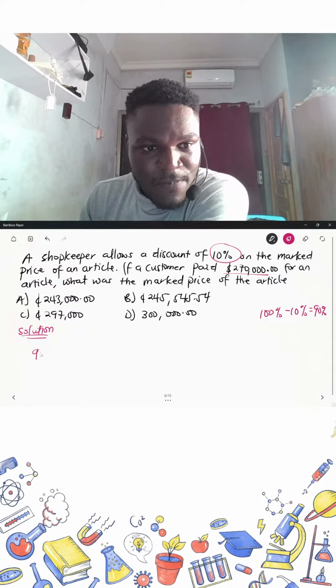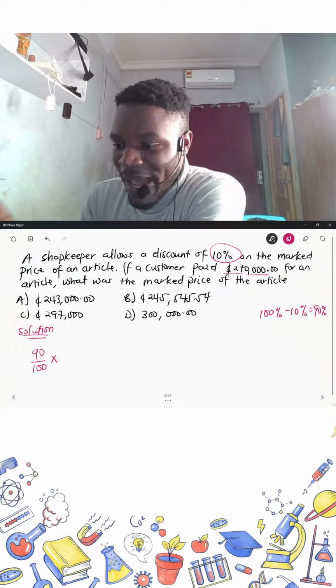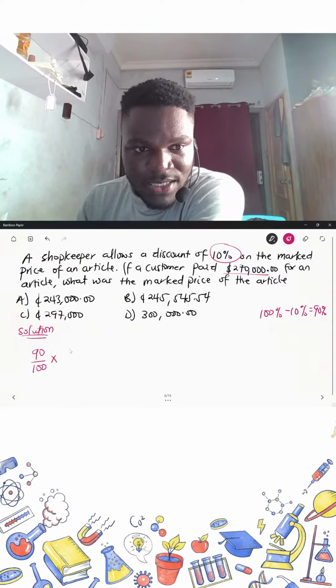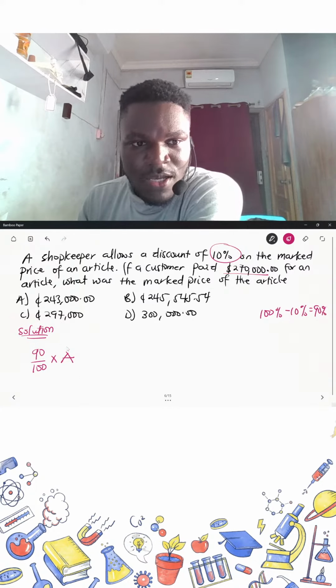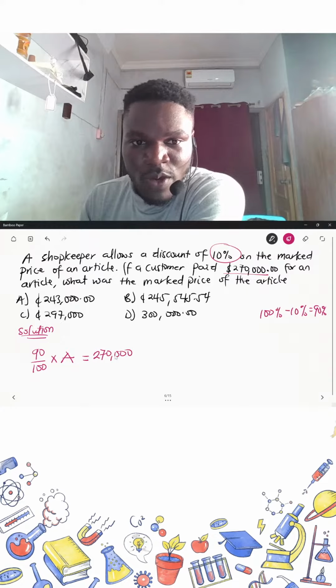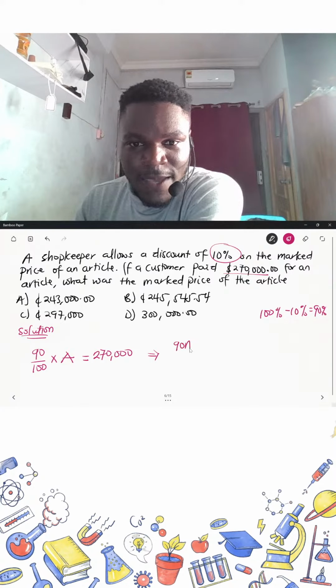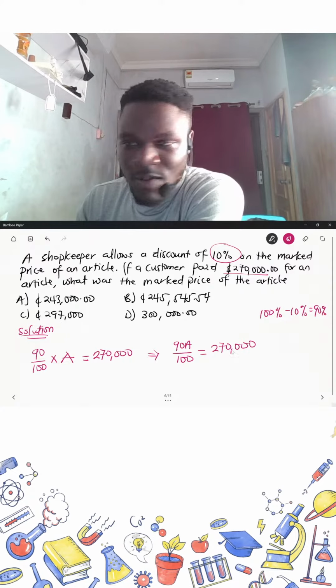What it means is that 90%, which is 90 over 100, multiplied by the original price, which I will represent with A, is equal to 270,000. So this in turn is 90 multiplied by A, which gives 90A over 100, equal to 270,000.